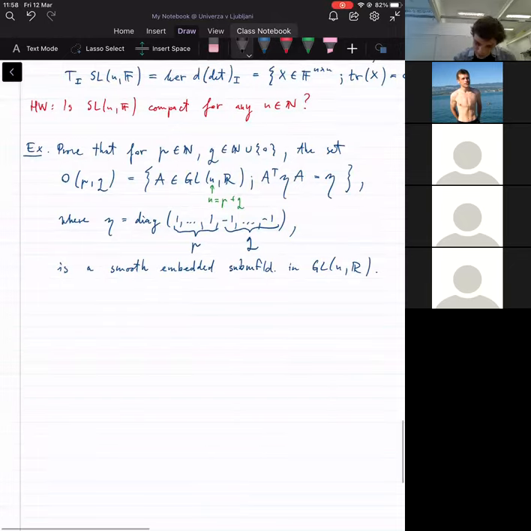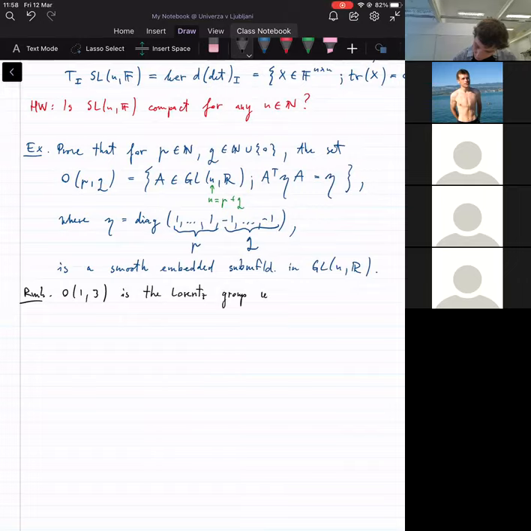So let's have a remark here. O(1,3) is the Lorentz group. That's used very much in relativity.